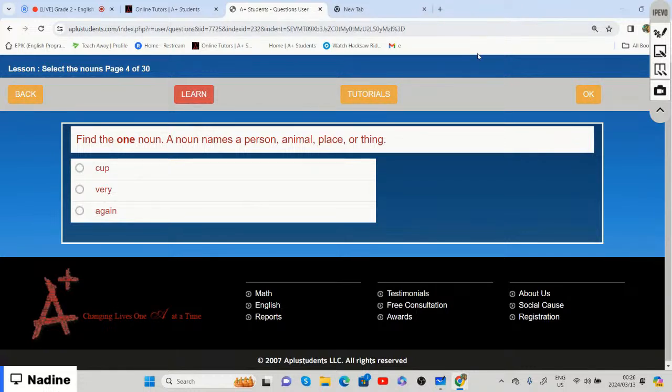Then we need to find one noun, right? We need to find one noun. And we see the noun names a person, animal, place, or thing. So it's cup, very, and again. Cup, very, again.